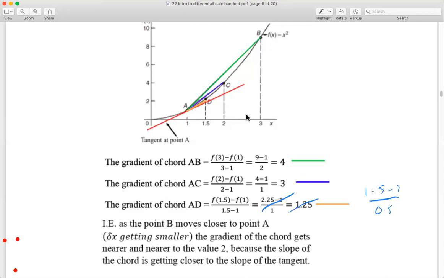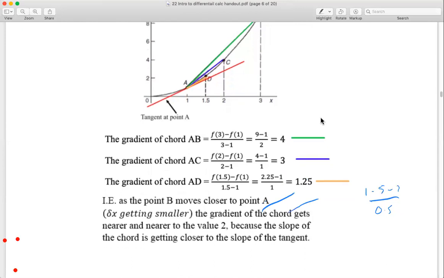But the point I'm trying to get to is that as delta x gets smaller and smaller, the gradient of the chord gets nearer and nearer to the value of the red line slope.